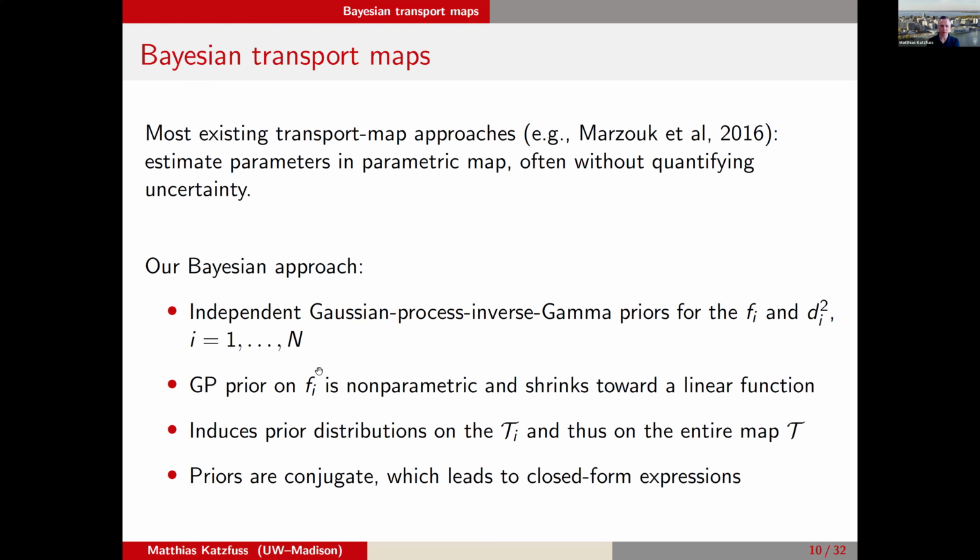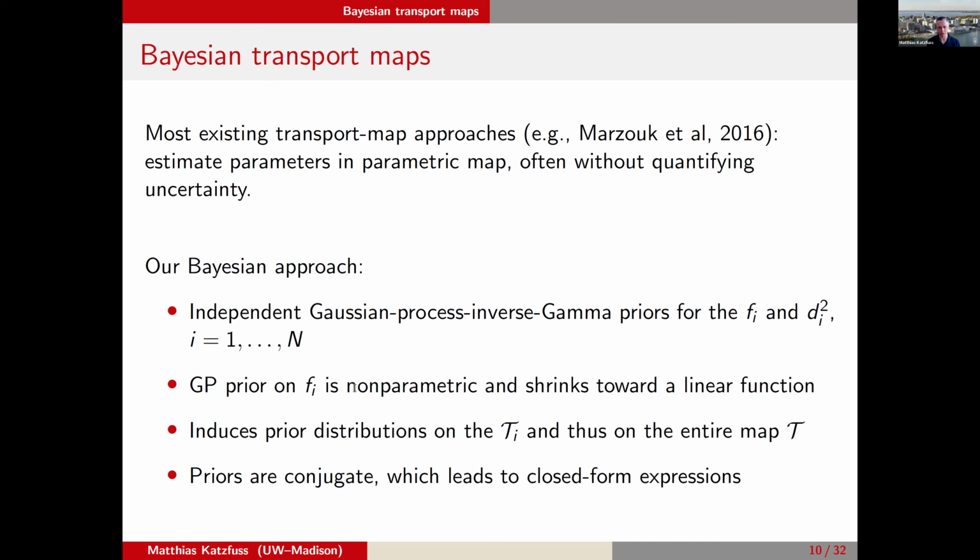But the nice thing about this general kind of prior on fi and di squared is that a Gaussian process prior on fi, for example, is a non-parametric prior. So that means as we get more data, we can learn more and more complex functions without changing our prior. And it also allows us to shrink toward things that we might find desirable. Specifically, we're choosing a prior here that shrinks toward a linear function.